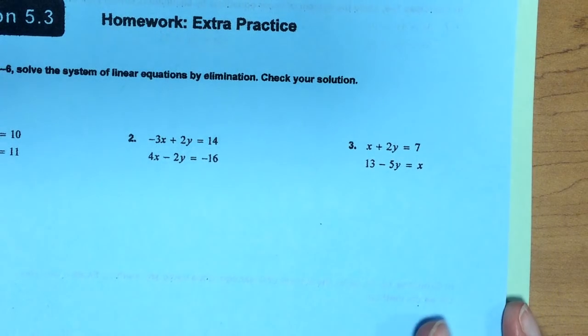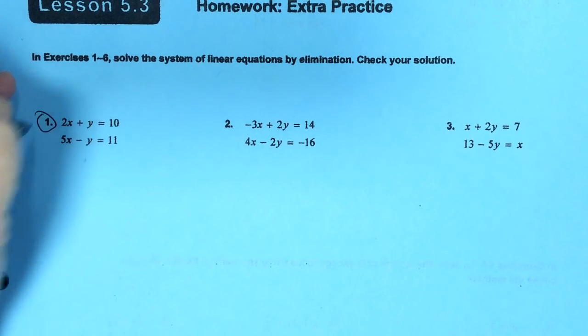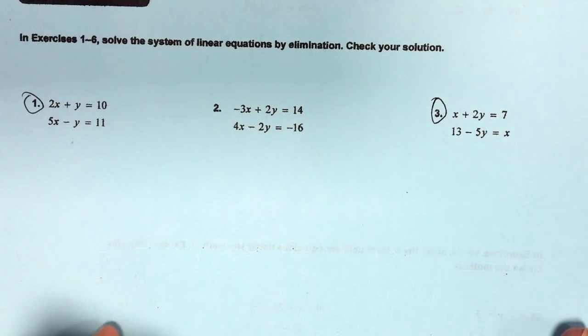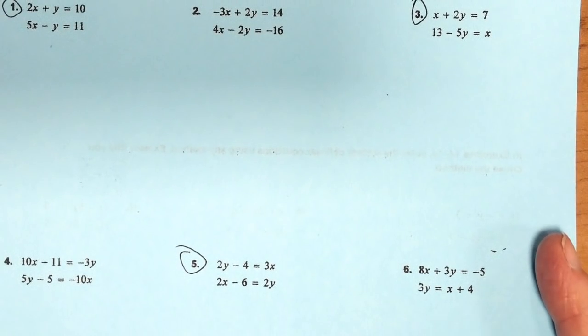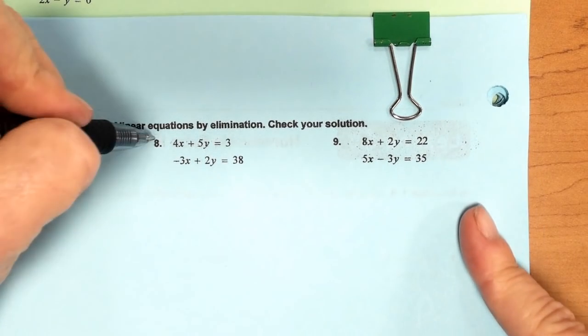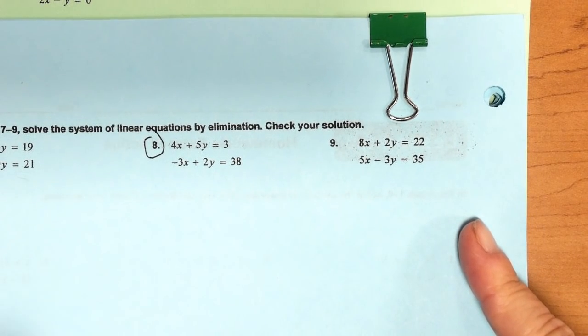So you're going to do 1, 3, and 5 on the first page, and then on the back page, you're only going to do number 8 and number 15.